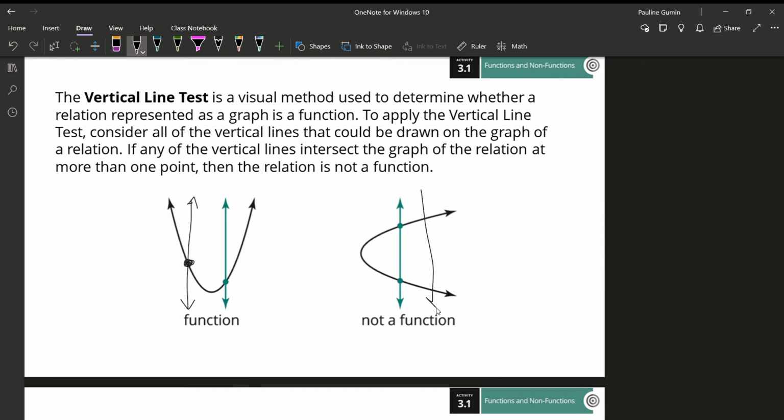Here's a non-function, it passed through twice. Now, I always recommend you do more than one line, just in case. Here's an example of why. I once had a student draw a line over here on the end of this and say, oh look, it only crosses once. And that's just not fair. Draw more than one line, just to be safe.